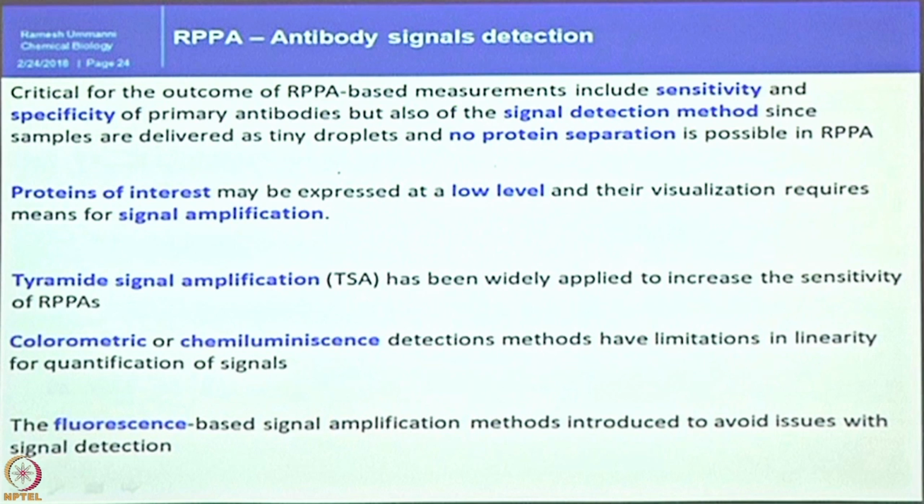So, you should worry about the sensitivity and specificity, but also the signal detection method, since the samples are delivered as very tiny droplets, and no protein separation is possible in RPPA, unlike in Western blot. In Western blot your proteins are separated into different bands, a kind of partial purification, but here we are not following any separation methods, right.